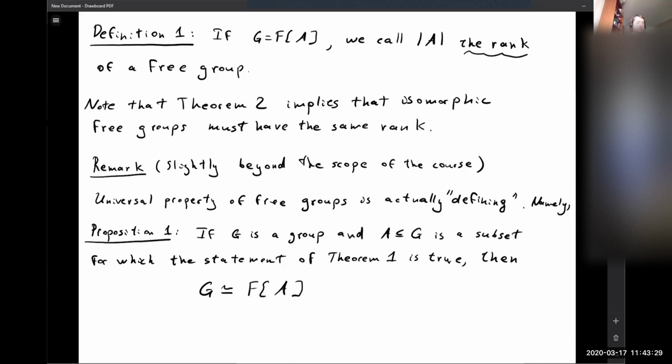So the free group can be defined up to isomorphism, of course, as a group satisfying the universal property for a certain subset. Okay, so any questions about the free groups and homomorphisms of free groups?